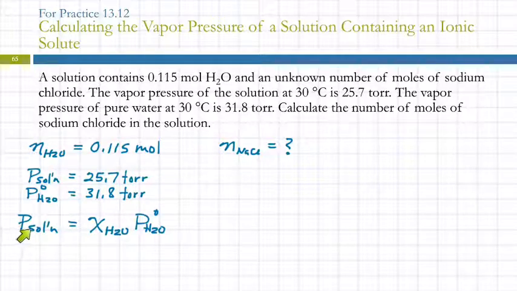Well, we know the pressure of the solution and the pressure of the water. We can calculate the mole fraction of water. That might be a good thing to do. So the mole fraction of water is going to be the vapor pressure of the solution divided by the vapor pressure of pure water.